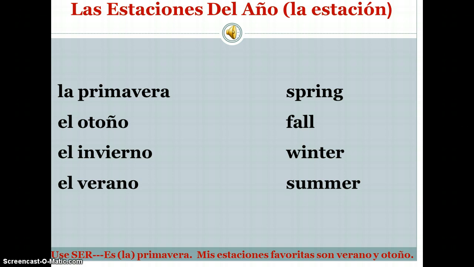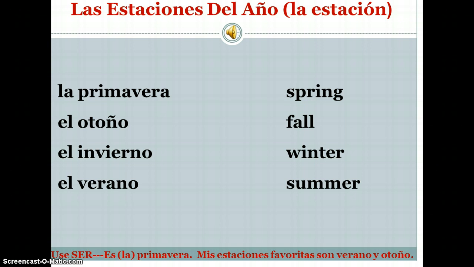All are masculine except for spring. So spring is la primavera. Fall is el otoño. Winter is el invierno. Summer is el verano. Once again, you use the verb ser when you want to talk about a season or seasons.